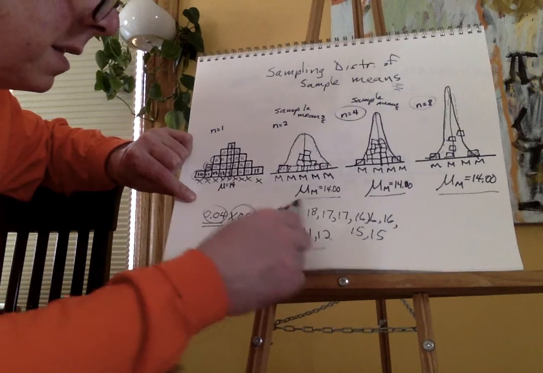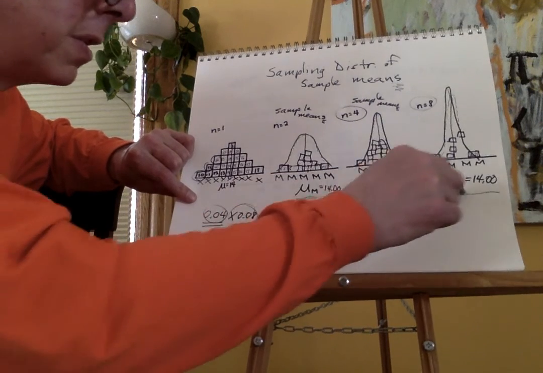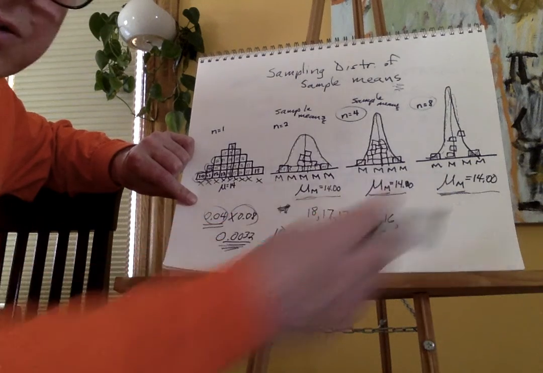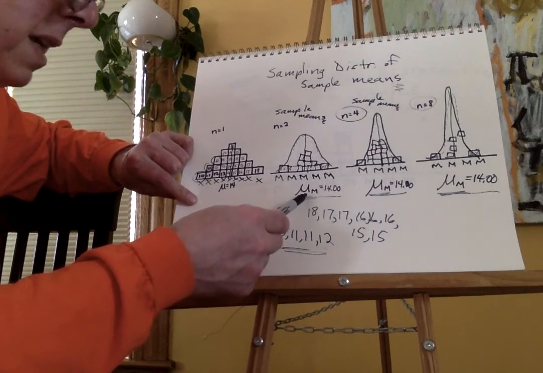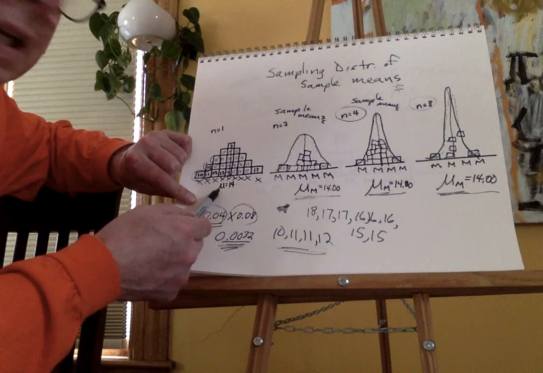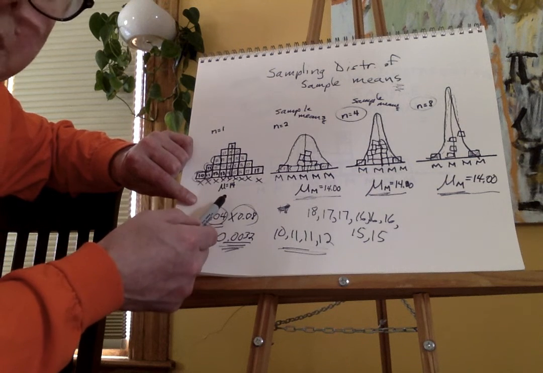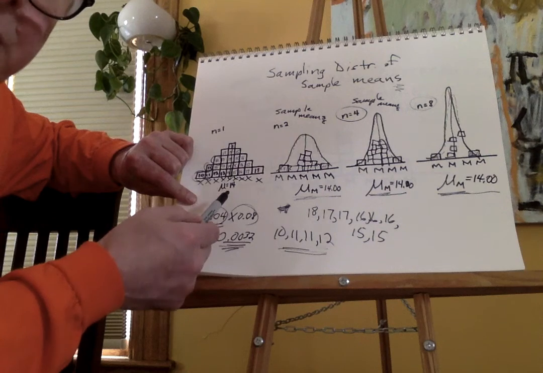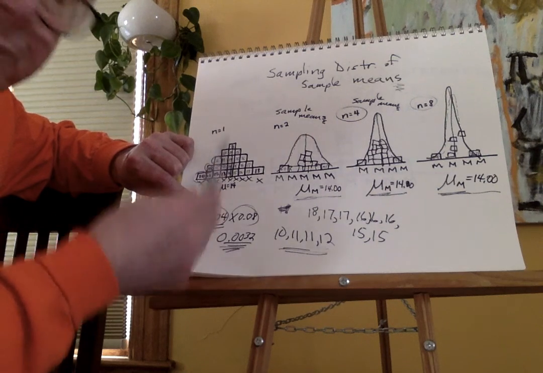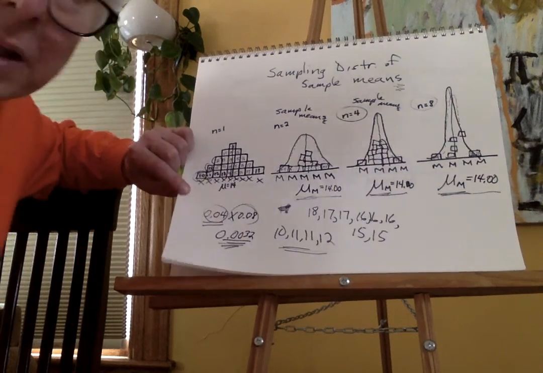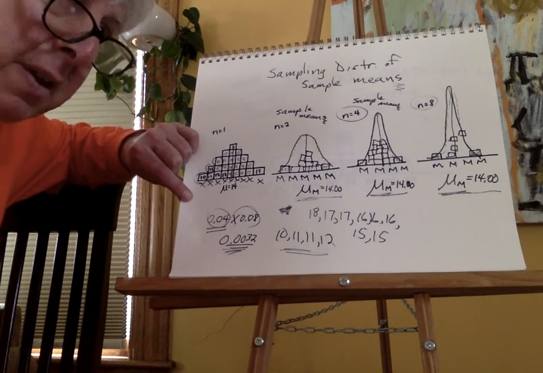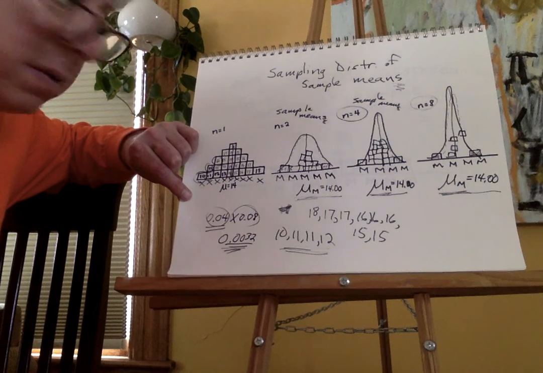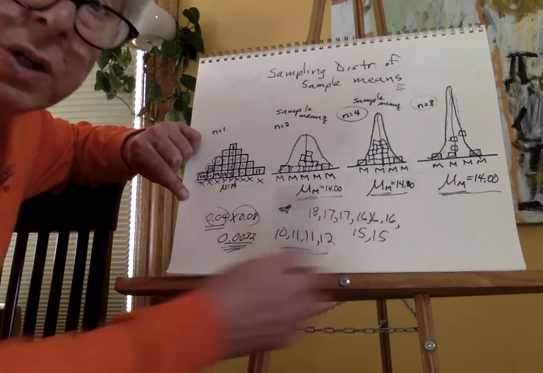The mean of any sampling distribution will be equal to the mean of the distribution of scores from which the sample was taken. And it's like, oh my God, Dr. Specht, can you repeat it? I will repeat it, but I want you to see it first. We just developed this.